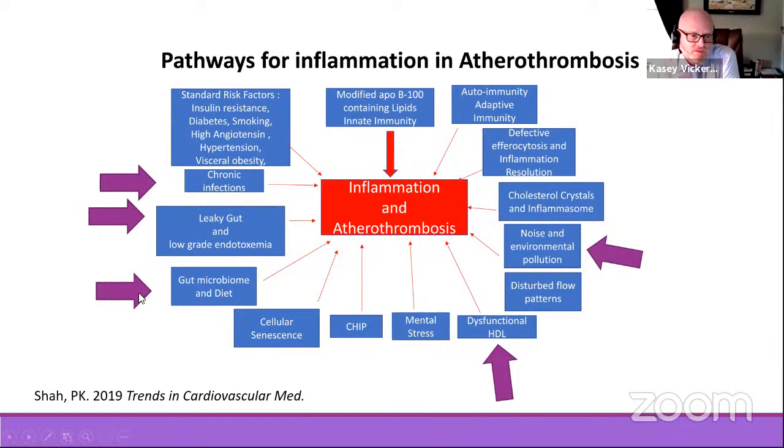There's also, obviously, a relationship with the gut microbiome. The lung microbiome might be more important than the gut. That's to be determined. And then obviously chronic infections and inflammatory states, as well as things that could affect the gut barrier function, whether it's HIV or inflammatory bowel disease, things like that.